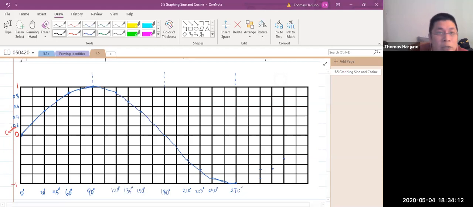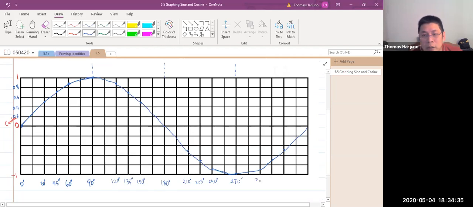If you have a chance, please, at home, try to sketch this also. At least have a good feeling about the sine graph. That's what the sine graph looks like. If I summarize, this is 300 degrees here, 315 degrees, 330 degrees, 360 degrees.